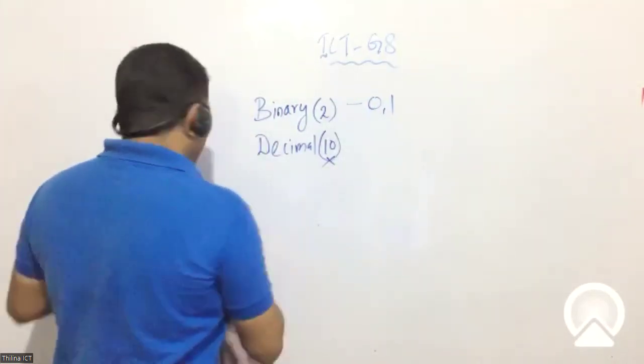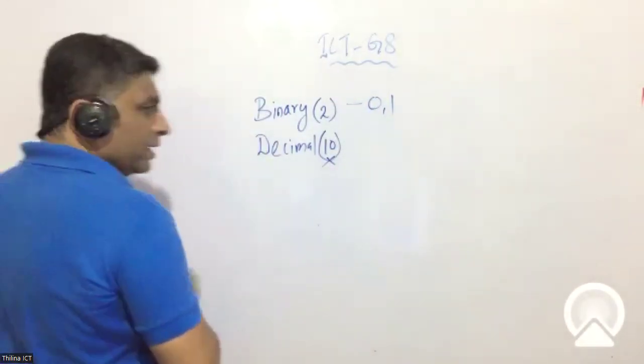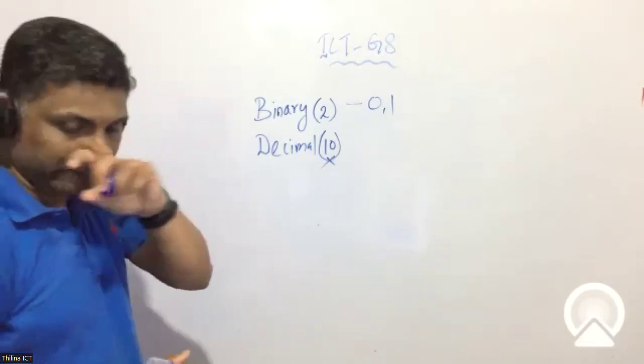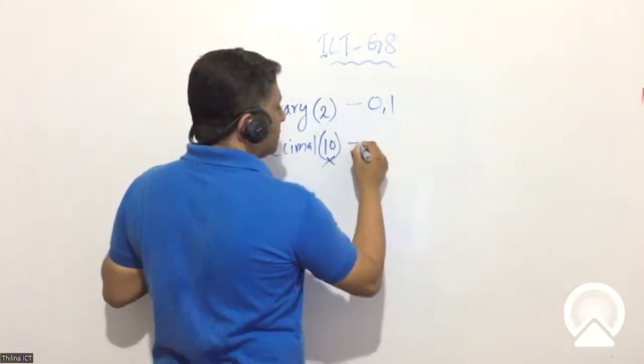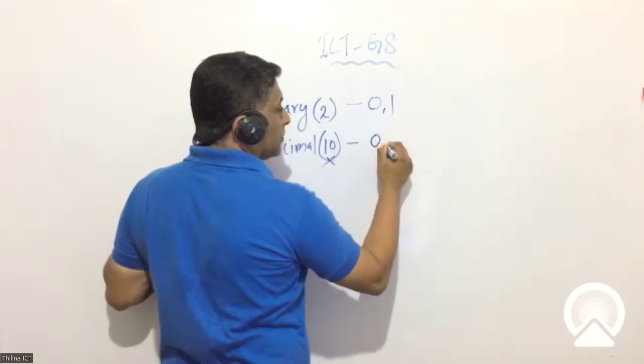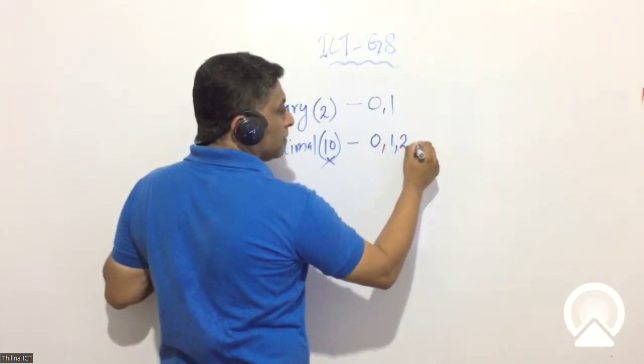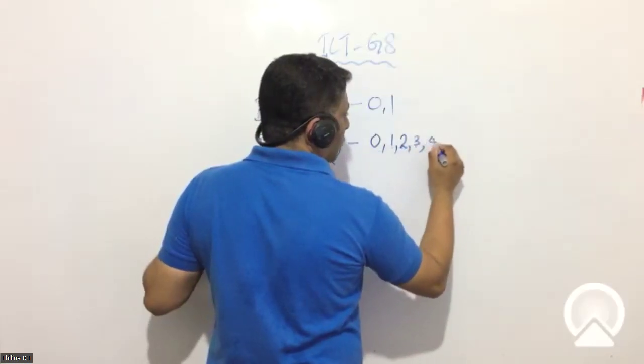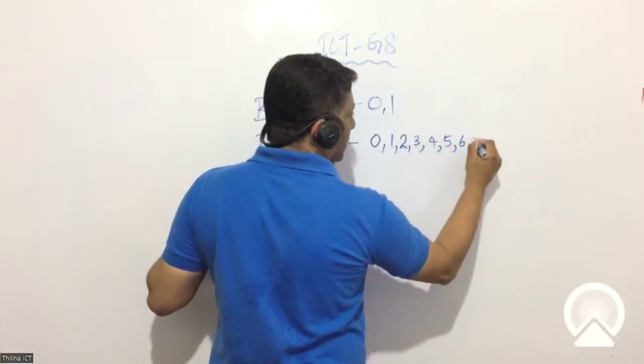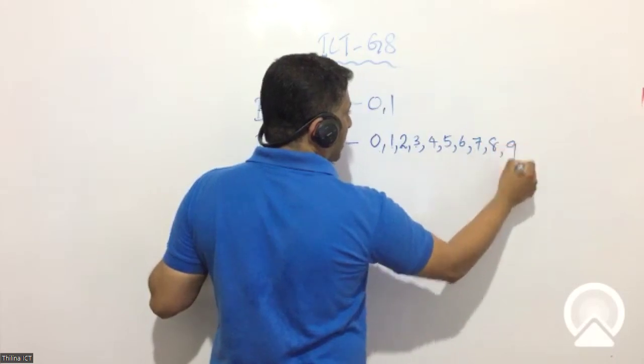So what are the symbols in base 10? 0, 1, 2, 3, 4, 5, 6, 0 to 9. Very good. 0, 1, 2, 3, 4, 5, 6, 7, 8, and 9.